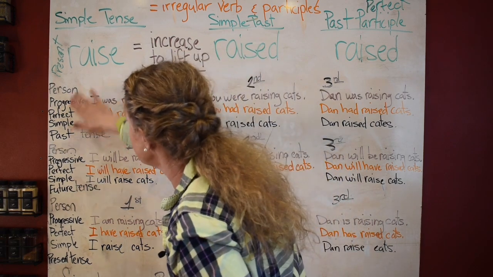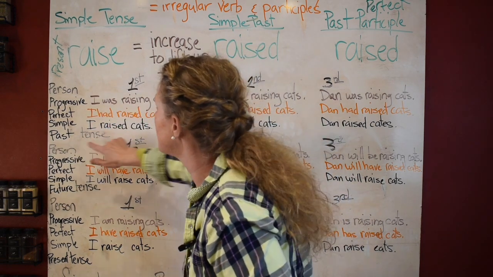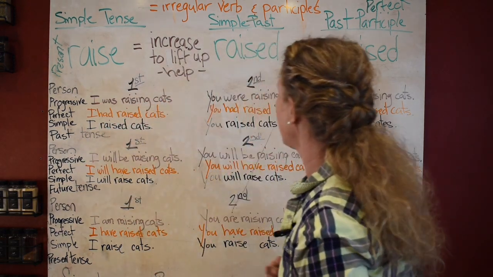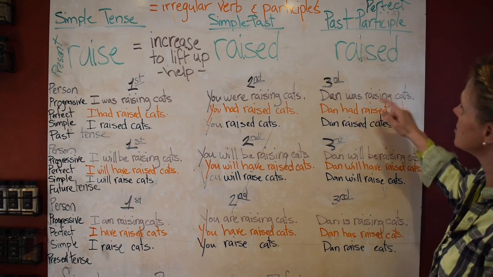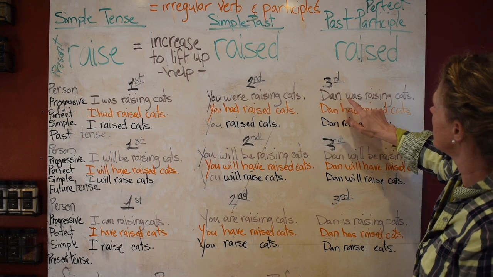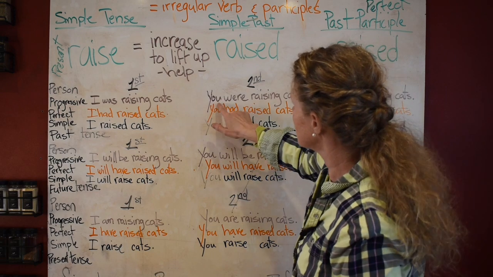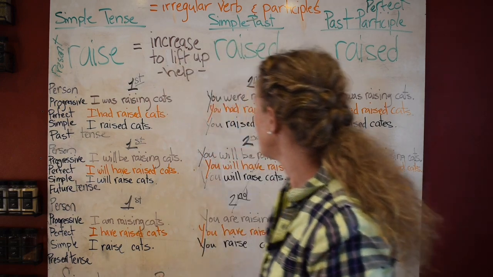So we are staying in the singular, but in the past tense. Okay, so I was raising cats, you were raising cats, Dan was raising cats. Third person, singular, using was. Second person, singular. First person, singular, you're using was.